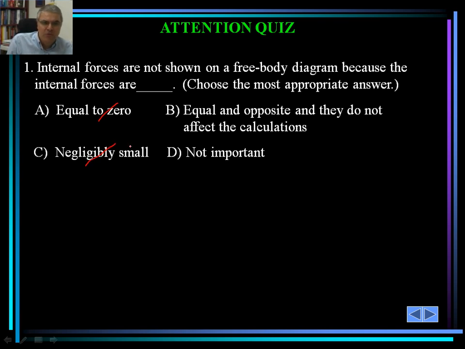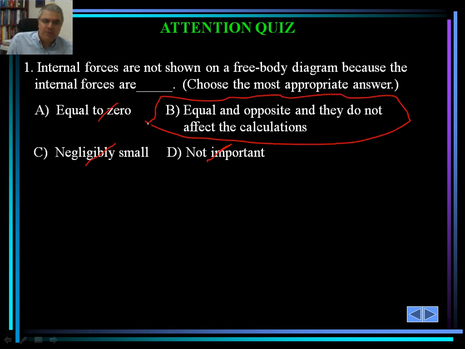No, that's not true. Because they're not important? That's not true either. They could be very important. The correct answer is B. They're equal and opposite, and they do not affect the calculations when we're dealing with free body diagrams. That's really the main reason.